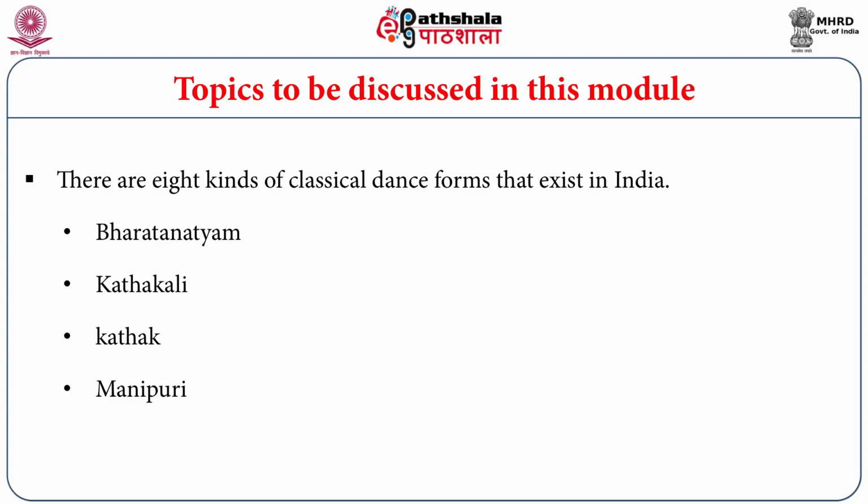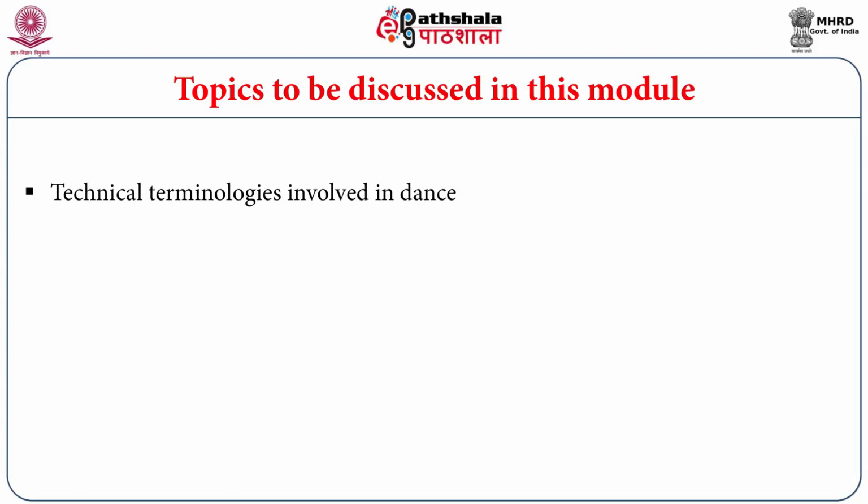The first 4 were Bharatanatyam, Kathakali, Kathak, and Manipuri. Then with the regional influence, we have 4 more classical dance forms in India, that is Kuchipudi, Mohini Attam, Odissi, and Satriya.